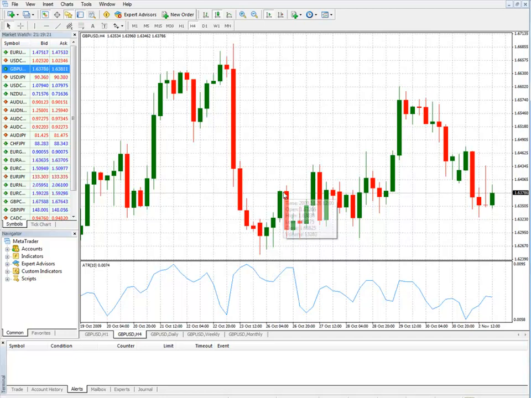Going back up, that's actually called an outside bar when the high is higher than the previous high and the low is lower than the previous low. That's kind of the opposite of an inside bar. Another inside bar, no breakout to the downside. There is a breakout here to the upside.